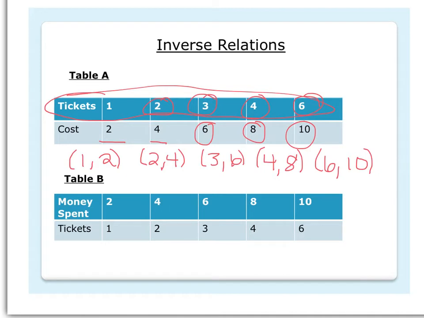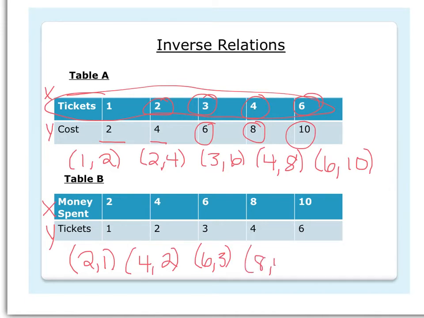Now, instead of tickets being the X value and cost being the Y value, those values are reversed, and now the cost, or the money spent, is X, and the tickets are Y. So we would have the ordered pairs 2, 1, 4, 2, 6, 3, 8, 4, and 10, 6.